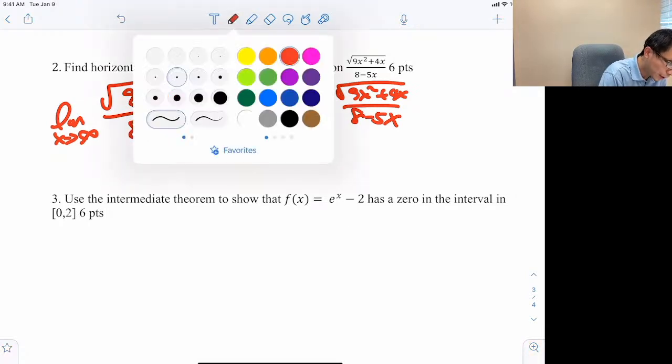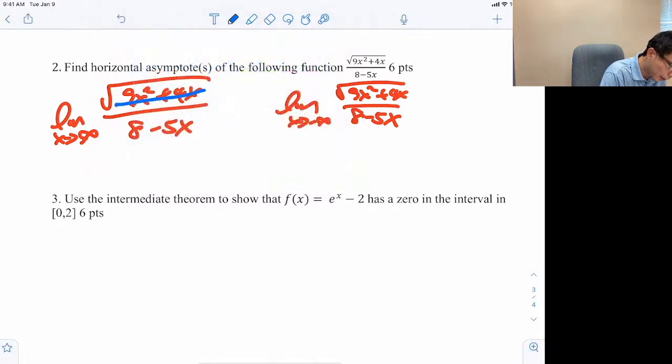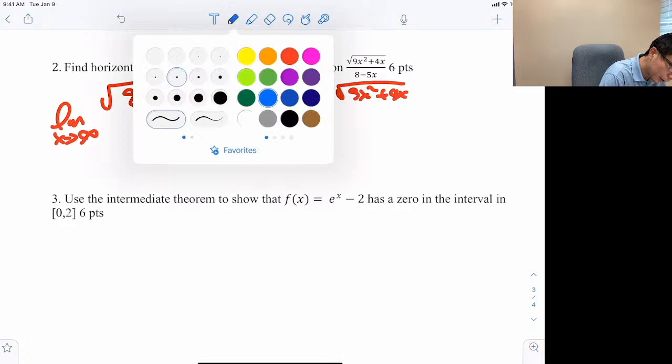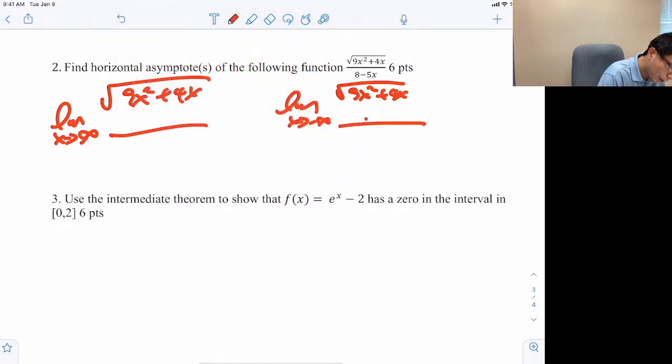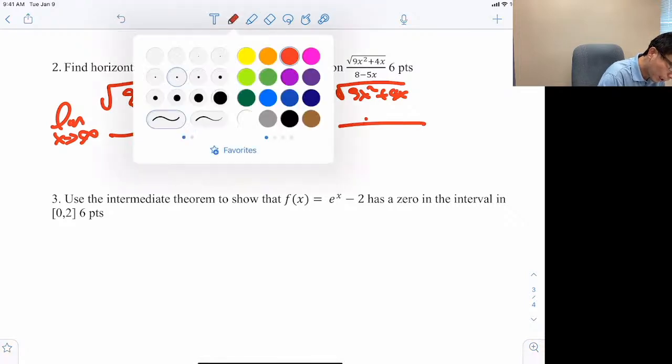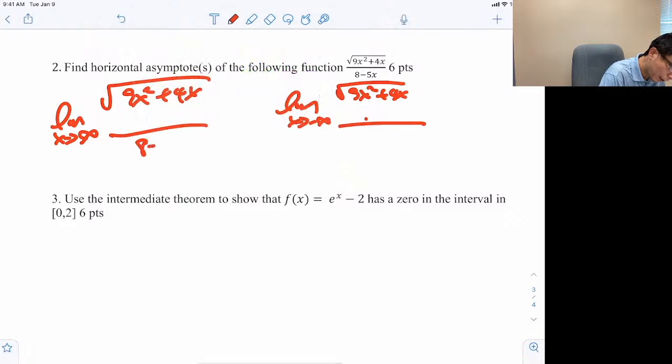So what we're going to do is divide each thing. We're going to say this divided by the square root of x squared. So let me write it out a little bit more so that way you can see more space. I'm going to write out this one, and I'm going to divide it by 8 minus 5x.